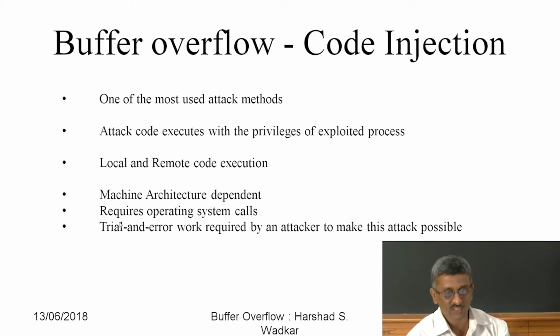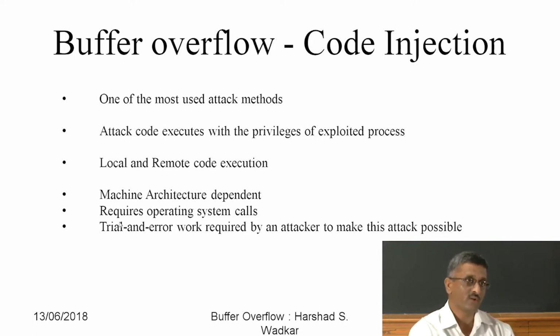The attack code executes with the privileges of the exploited process, with local and remote code execution. That is, the program is running on your machine or remotely the person is going to attack your system. The thing which is helping us as programmers is machine architecture dependence.